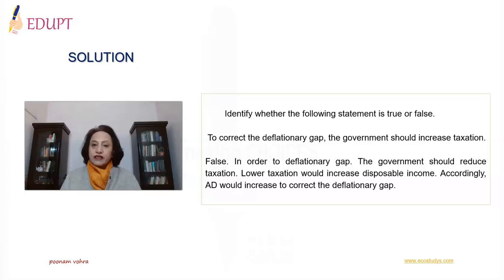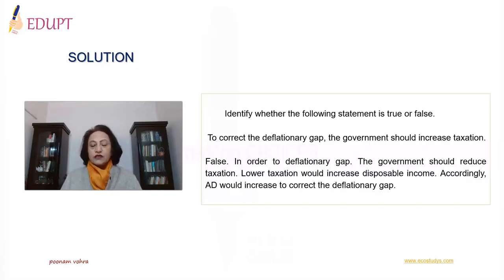The statement is false, simply because by increasing the taxation during deflation, money supply would be contracted. The purpose is to expand the money supply, which is possible only by reducing the taxes and not increasing the taxes. So, the government should reduce taxation.